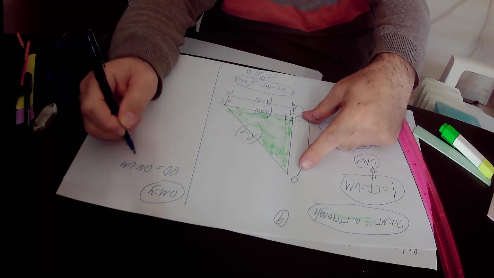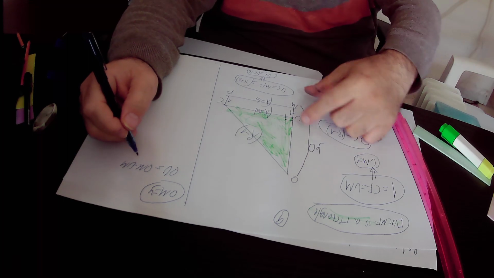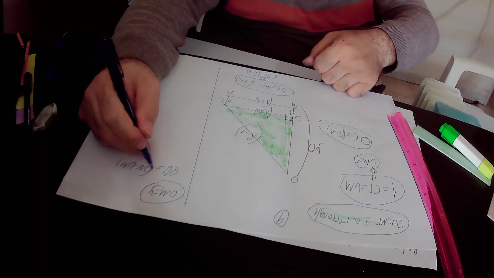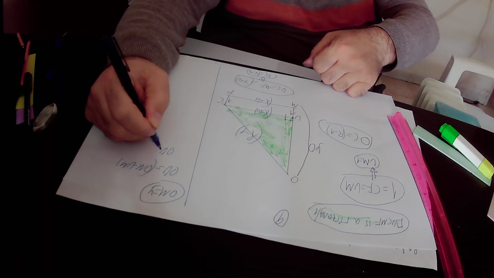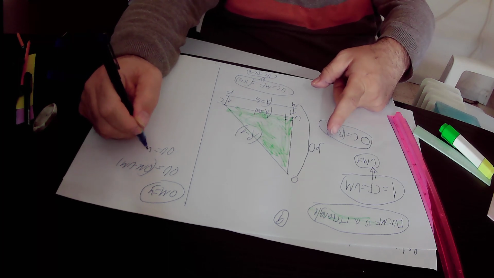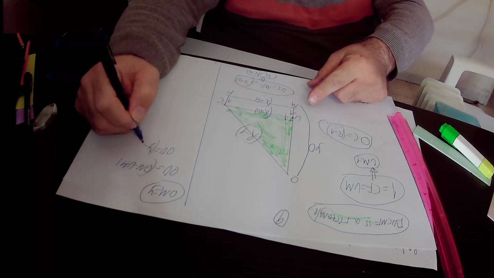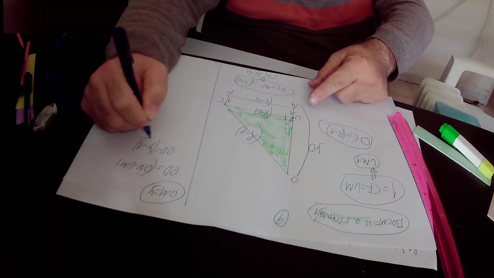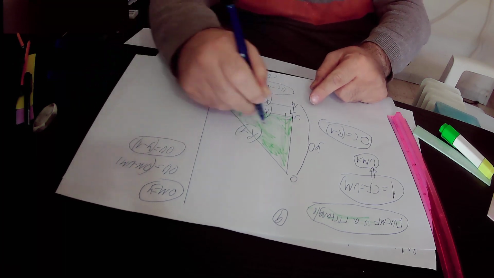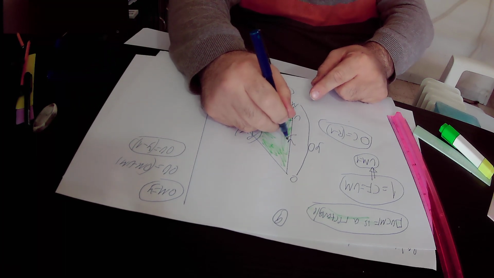Again, OU equals OM minus UM. That is to say, OU is equal to OM, that is Y, minus UM, that is 1. So in conclusion, we found out that OU is equal to Y minus 1.